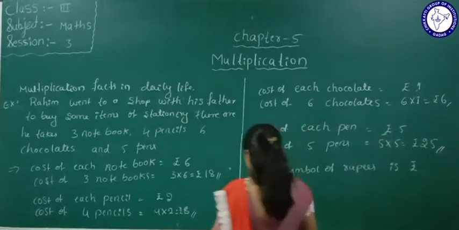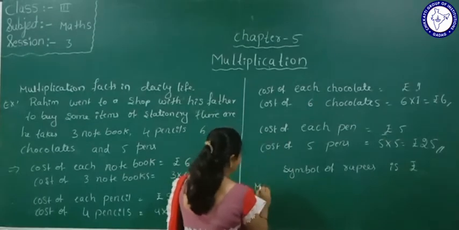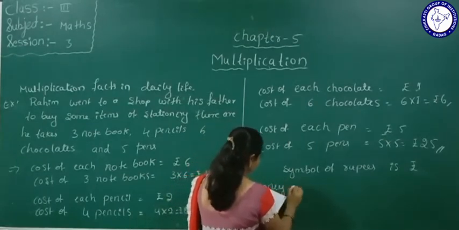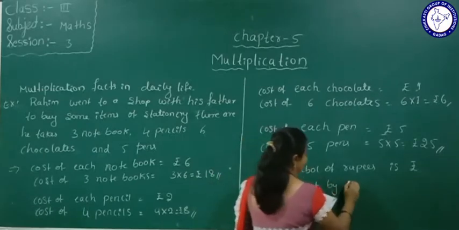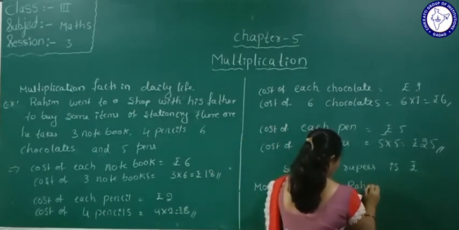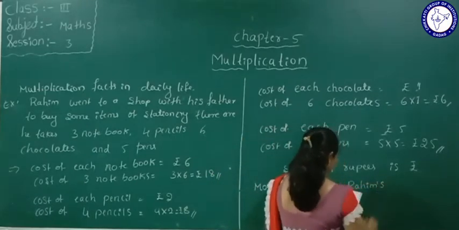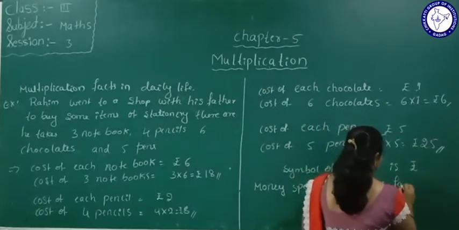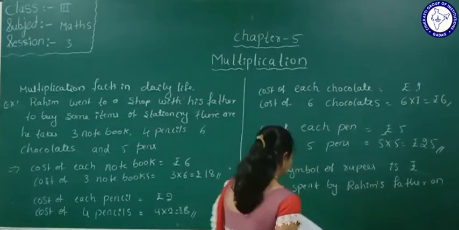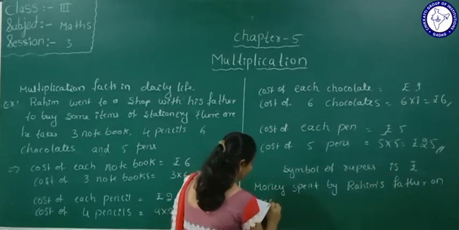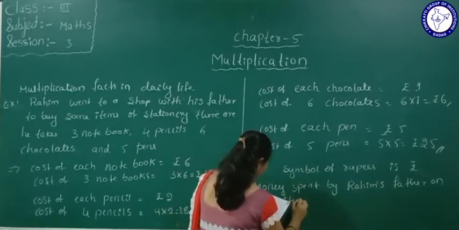Here see, total money spent by Rahim's father on each item.